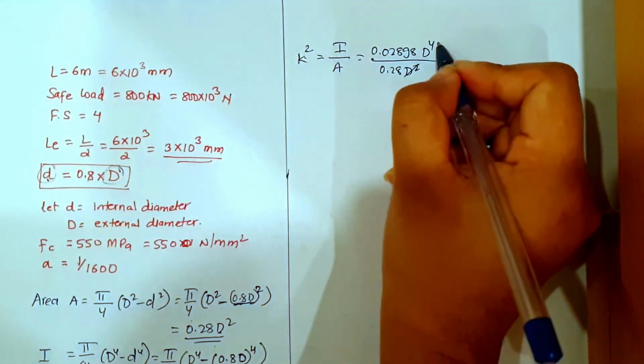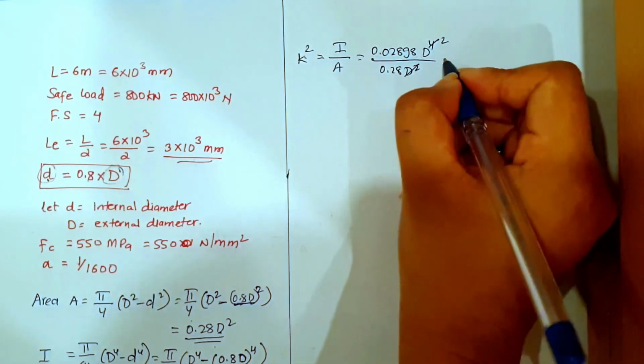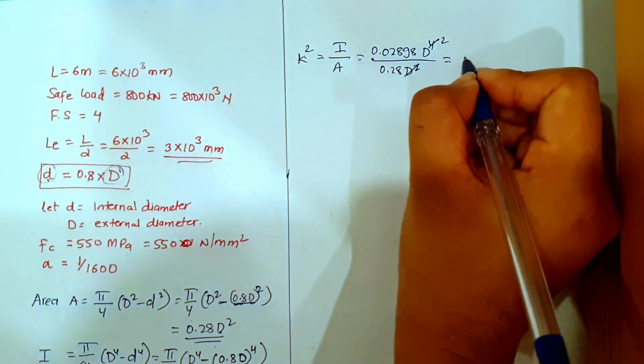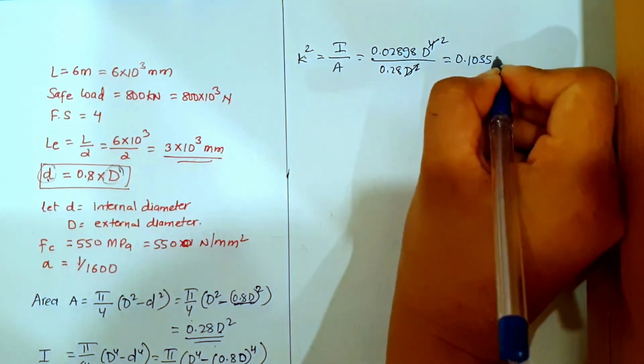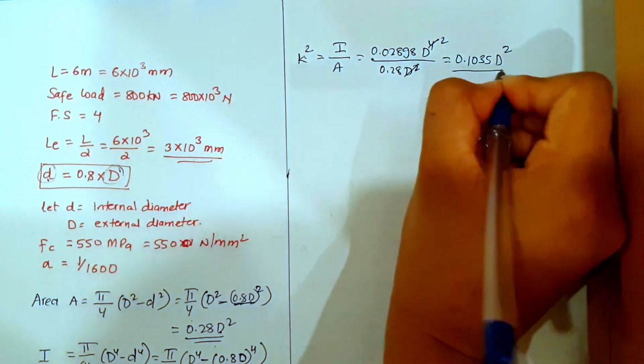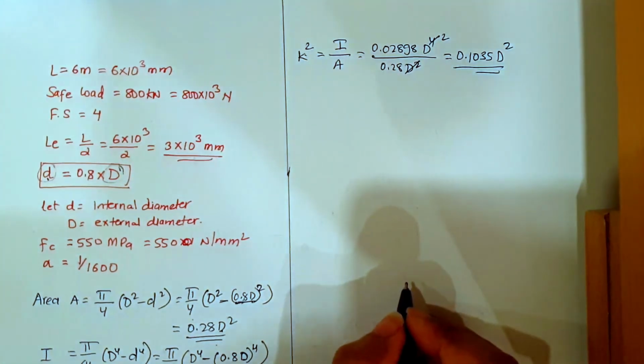Now if you cancel, you will get D square, and this value equal to 0.1035 D square. So this is K square.